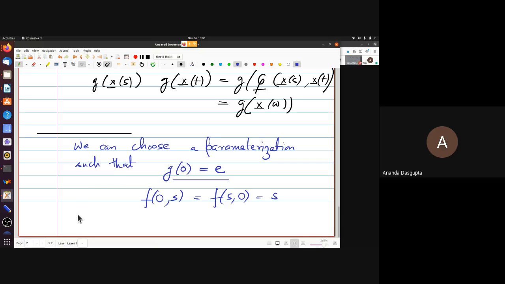The all important result which you need here, and that's the critical result for us, is that we can always choose a parameterization so that, and this is so important that I'm going to write it in a different color, f of s comma t, that is how the parameters combine, is given by s plus t.